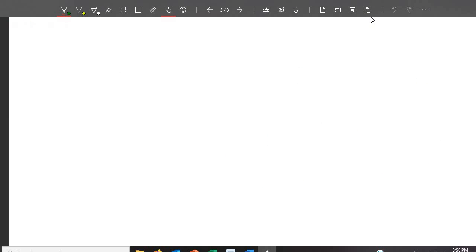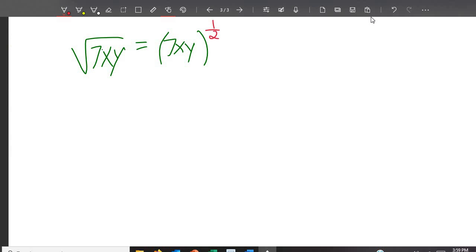Now, I want to practice right quick going back and forth. Let's say I had a square root of 7xy, and I said to change that into a rational exponent. You would put the 7xy in parentheses. Since it's a square root, square roots are represented by 1/2.